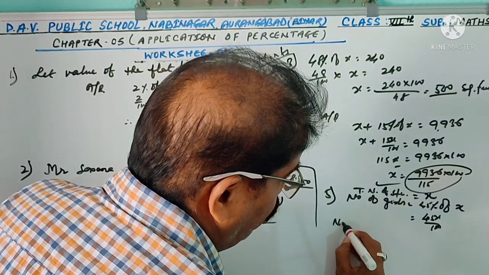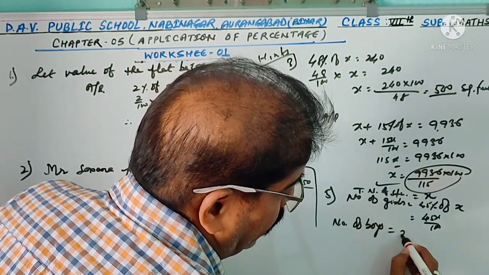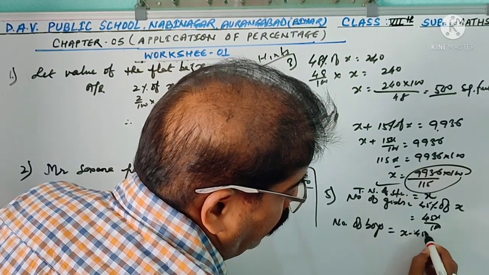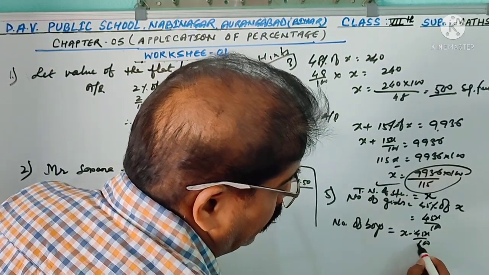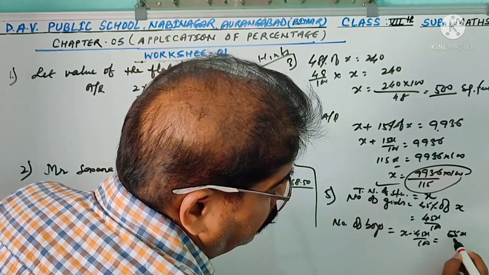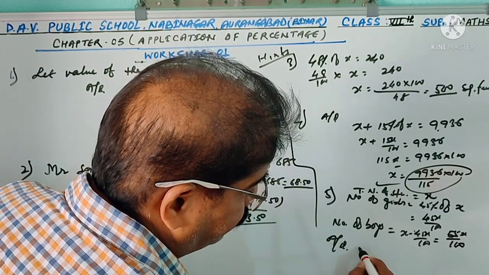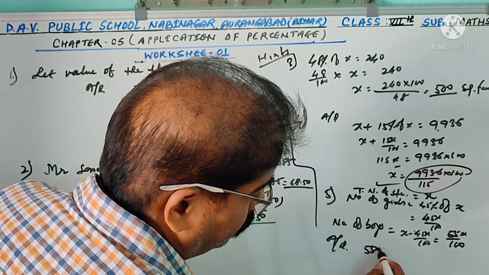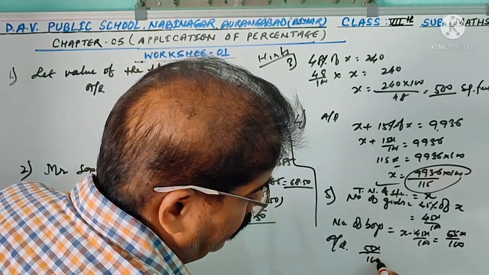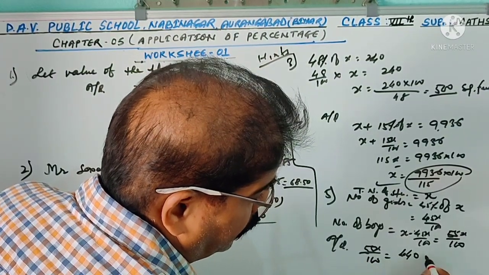So the number of boys is x minus 45x by 100, so 100x minus 45x, that is 55x by 100. According to the question, 55x by 100 equals 440.